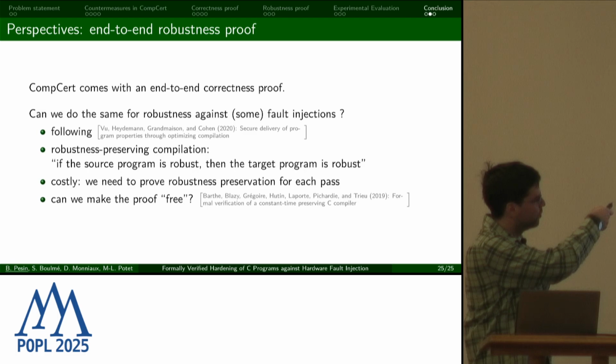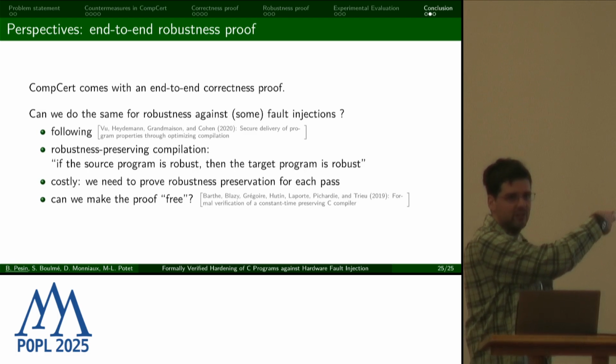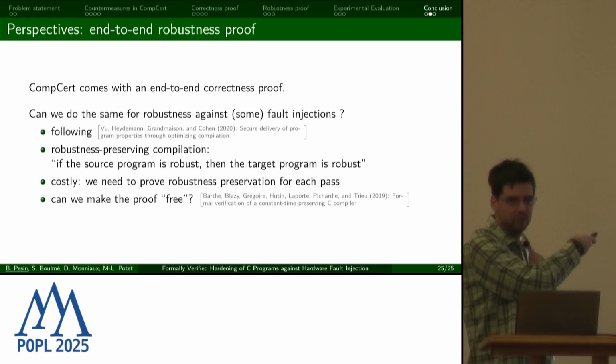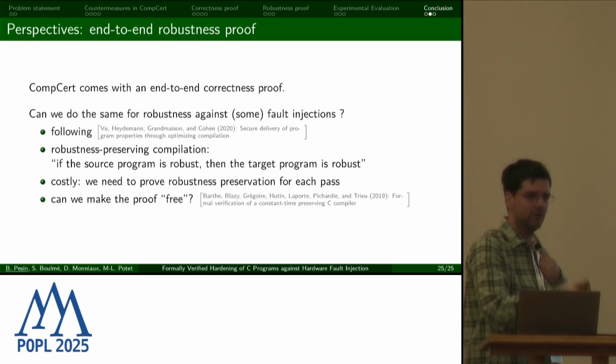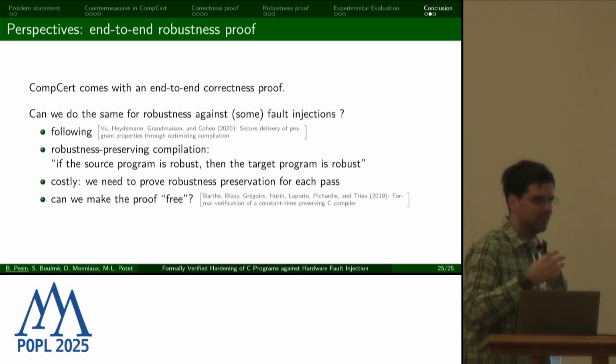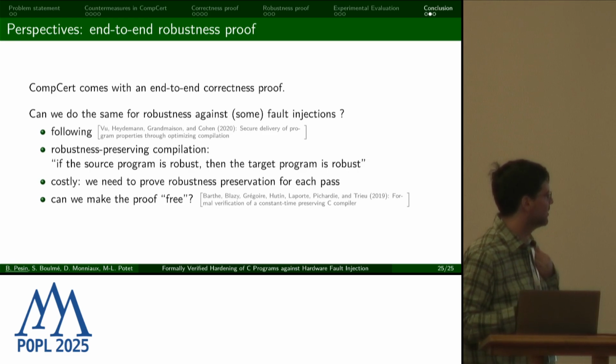Of course, if we want to prove this theorem for each compilation pass in CompCert, there's a lot of work, because there are a lot of compilation passes in CompCert, and there are also a lot of different attack models that we may want to tackle. So there's a problem of combinatorial explosion there.